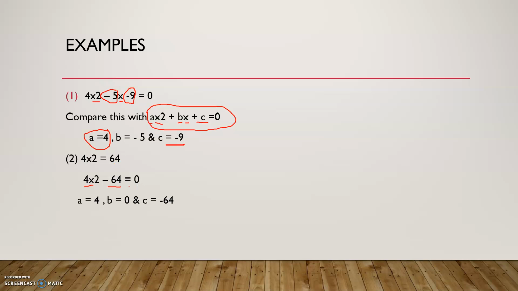Now if we compare this with the general equation again, we have a equals 4, b, which is the bx term, would be 0, and then the value for c would be minus 64. So these are our solutions.